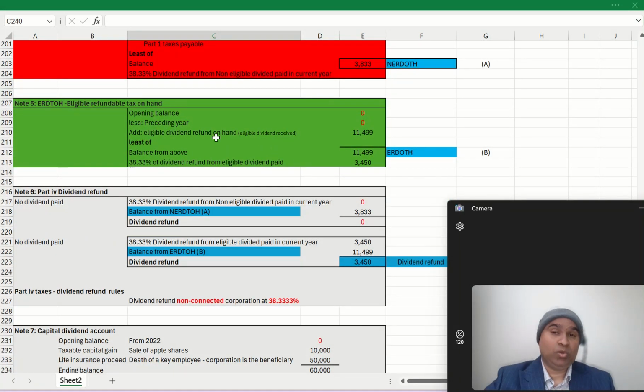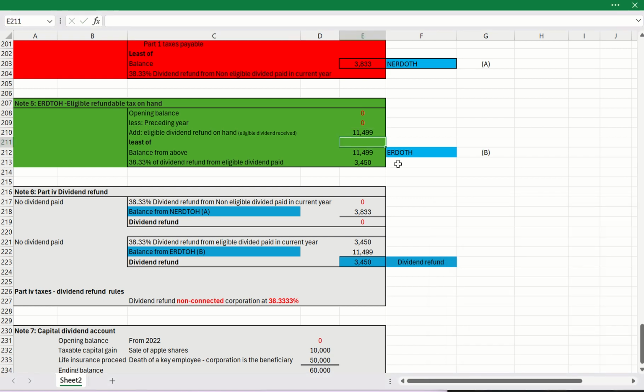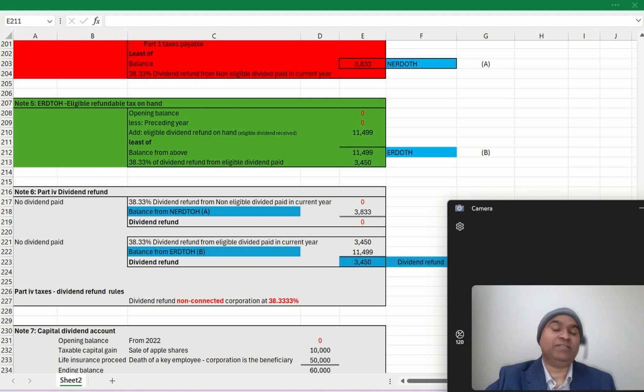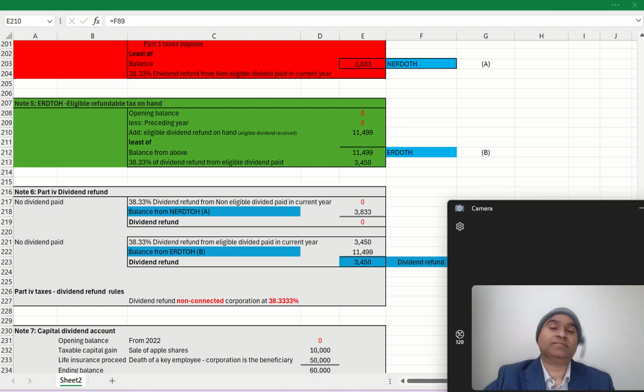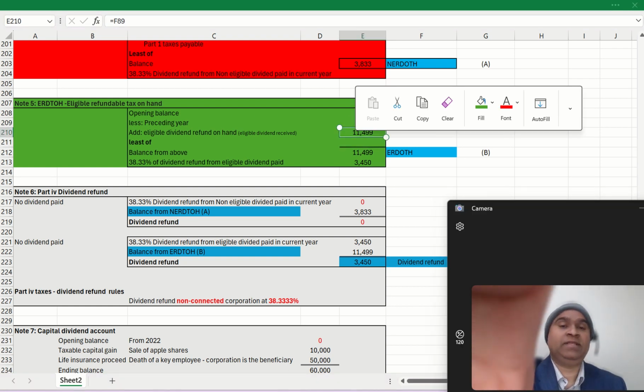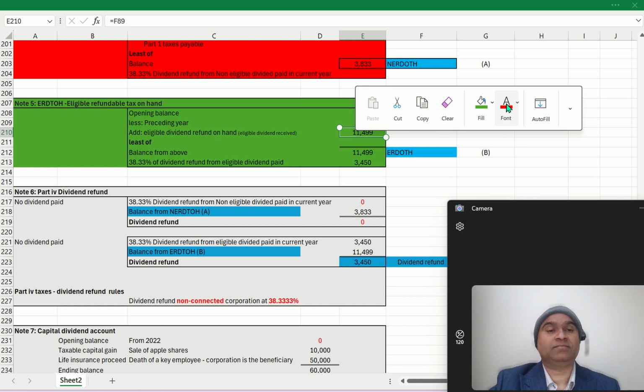Again, we received dividend over here in the green box. We received 30,000 that triggered 11,500 or 11,499. It's a rounding off issue. 11,500, right over here in this cell, okay? You can see it.